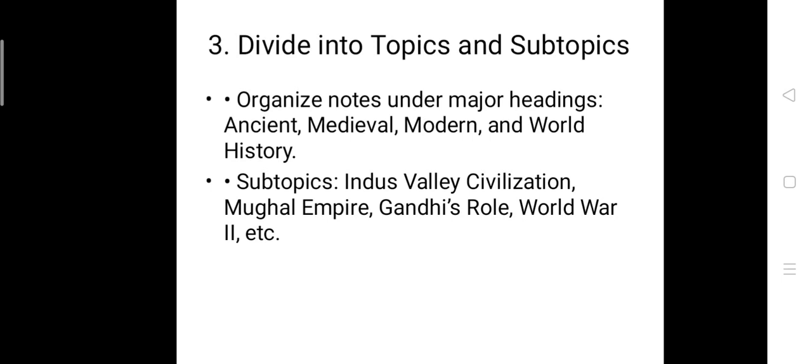Whenever you are reading a newspaper or monthly magazine and find news related to a particular topic, for example some excavation going on related to the Indus Valley Civilization, you can note it there also.